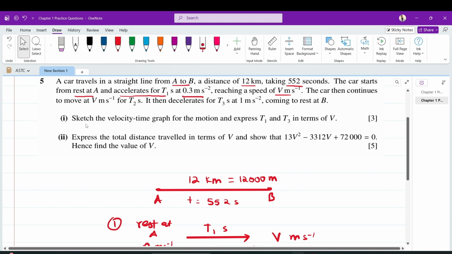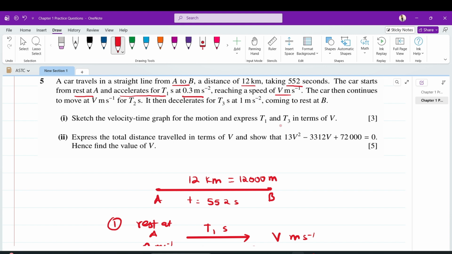Now the question is: sketch the velocity time graph for the motion and express t1 and t3 in terms of v. So there are two parts of the question. So let us deal with the first one. Sketch the velocity time graph. Okay.